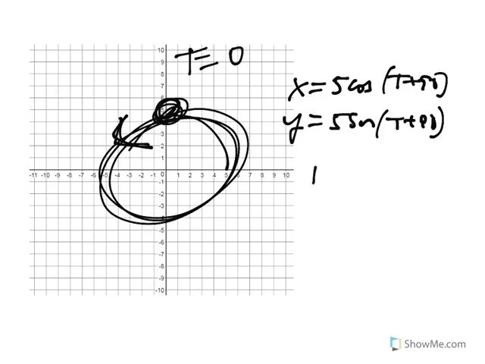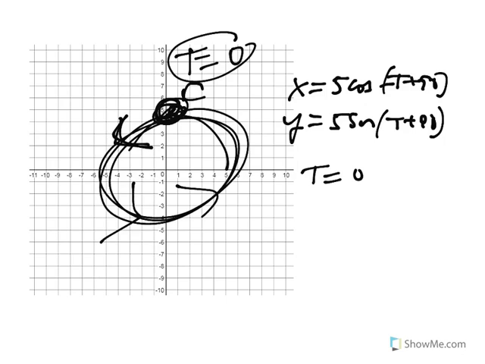That way, when I put t equals 0 in, it's going to do 5 cosine of 0 plus 90, which is 5 cosine 90, and 5 sine 90. So this point is still 5 cosine 90, 5 sine 90, but it happens when t equals 0. This is our starting point.